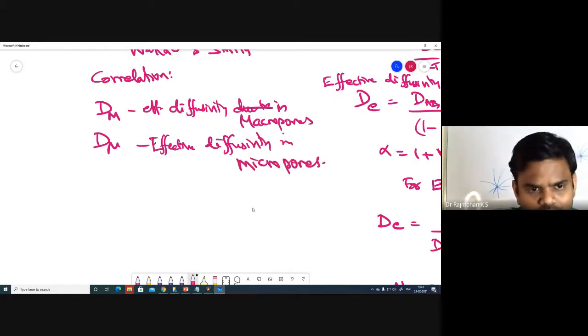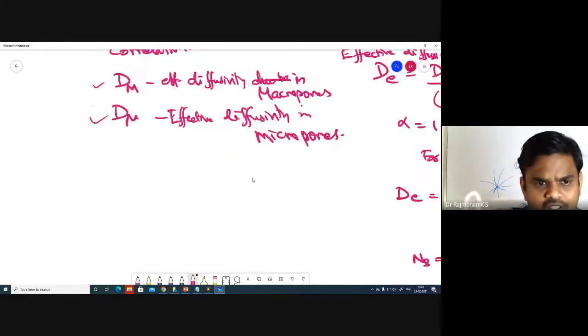If we can determine these two using the effective diffusivity formulas, there is a relation to determine the overall combined effective diffusivity.